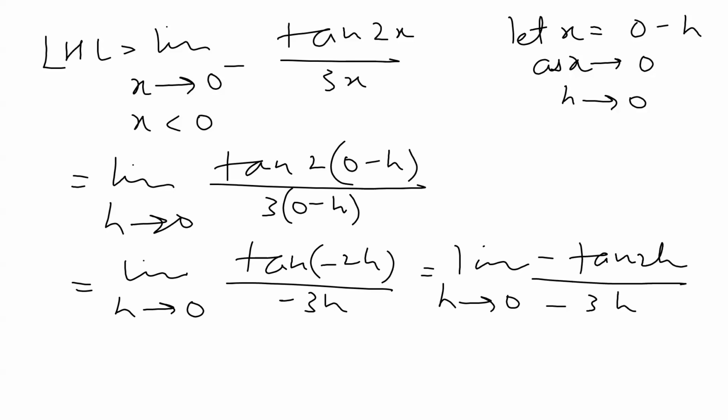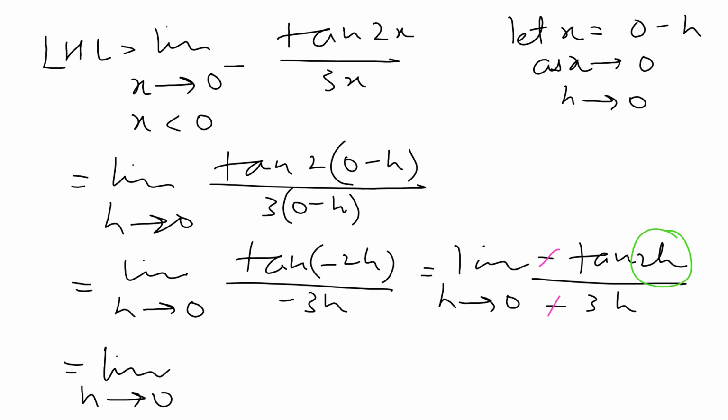So minus and minus is getting cancelled. So this is tan 2h upon h. Now if you remember grade 11, whatever angle is there in tan, the same angle should be down. So now there is 2h over here, so the denominator should also be 2h.